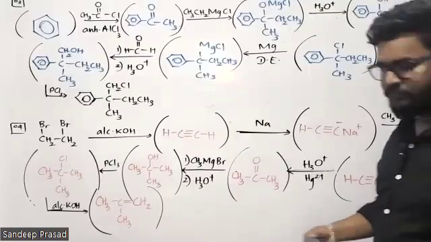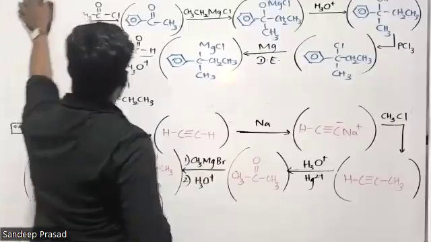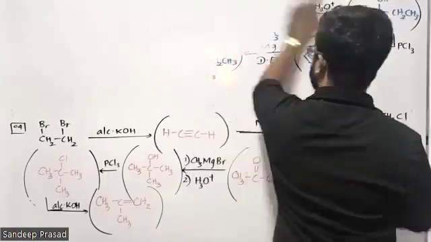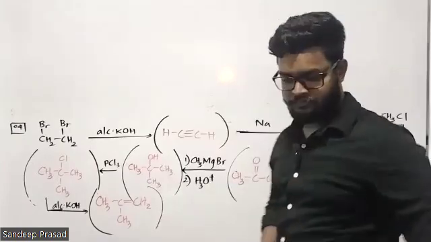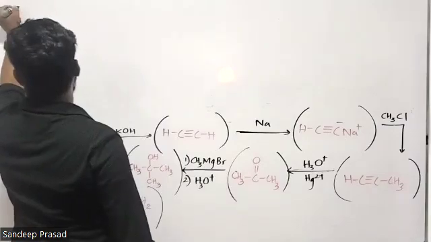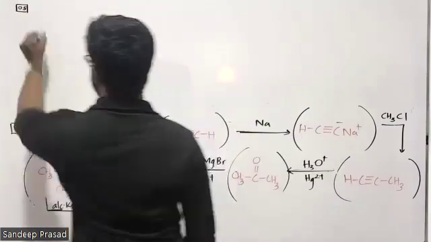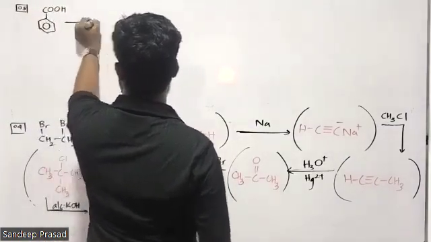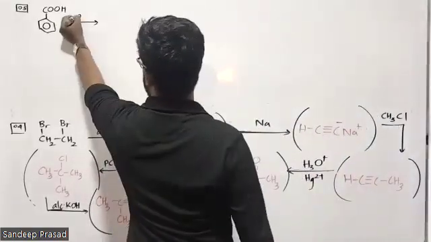Shall we move to the fifth one? Number 5. Benzoic acid. For the benzoic acid, we are adding PCl3.